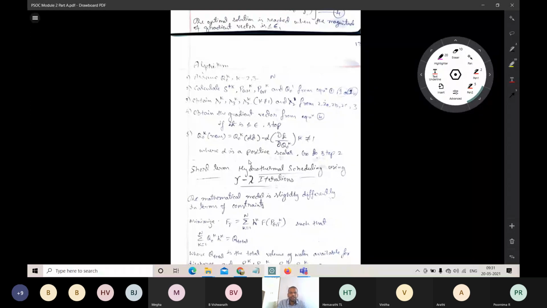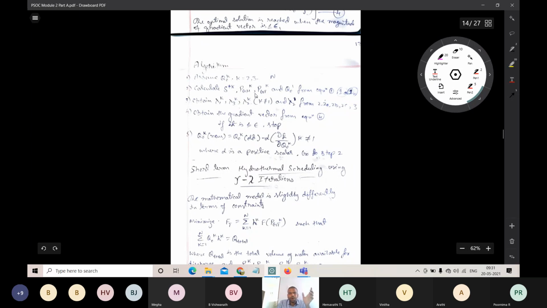That's the only thing. First, we have to assume Q naught K. Remember, you are going to calculate for the independent variables, that is, K not equal to 1, so 2, 3, 4 up to n. That is the first step.